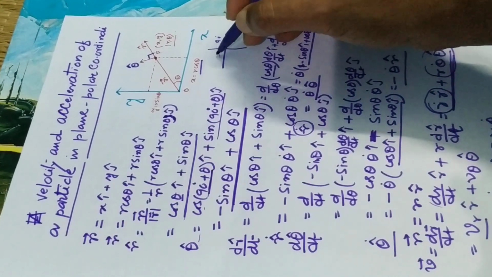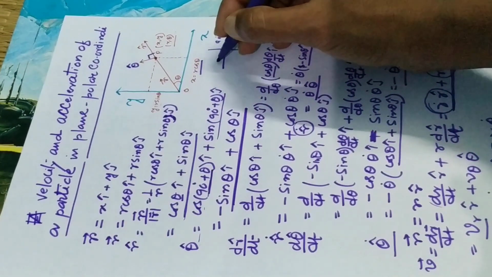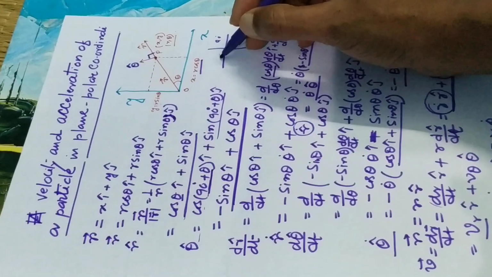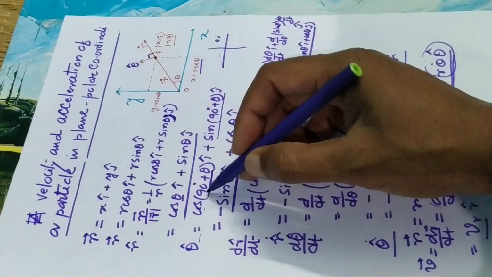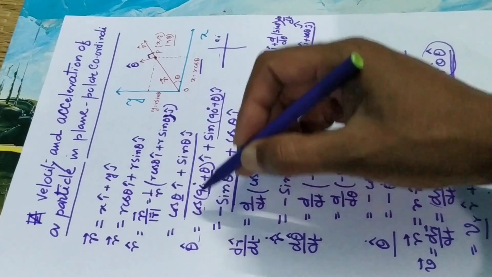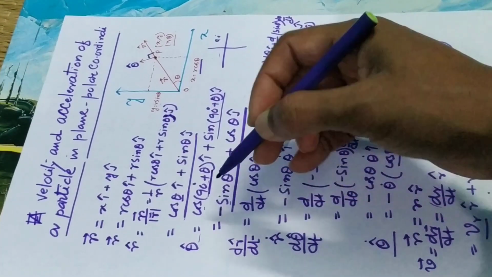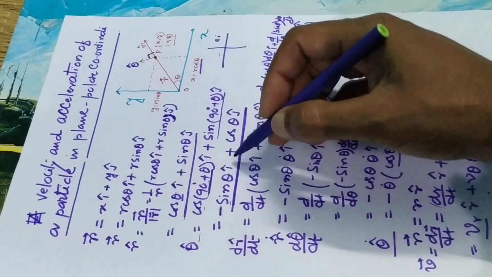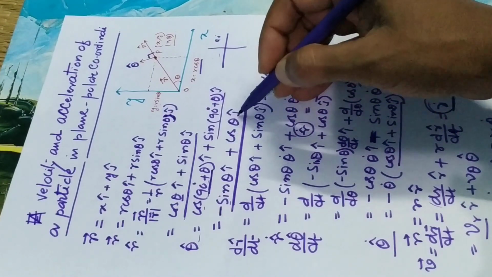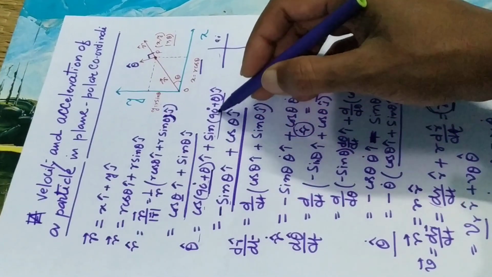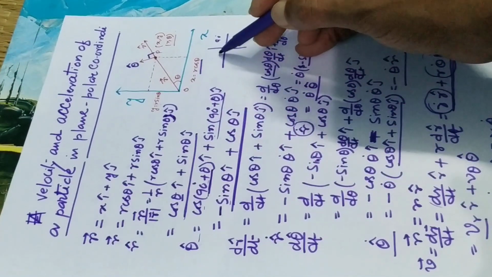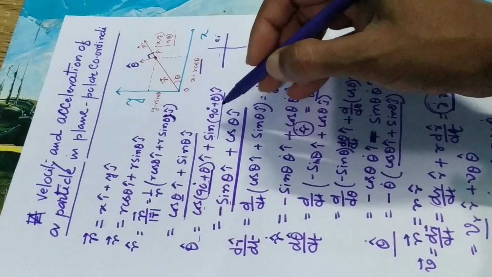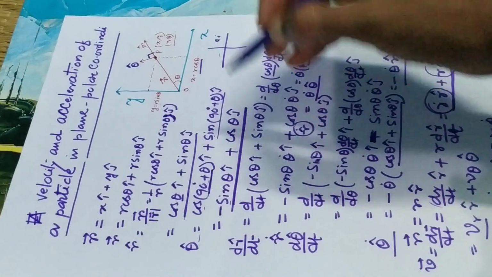This is 90 degrees, and this is 90 degrees plus theta, so it falls in the second quadrant, and in the second quadrant only sine is positive. Since it is 90 degrees, cos changes into sin, and the negative sign remains, so minus sin theta i plus, for sin(90 degrees plus theta), sine is positive in the second quadrant, so just changing sin to cos, cos theta j.